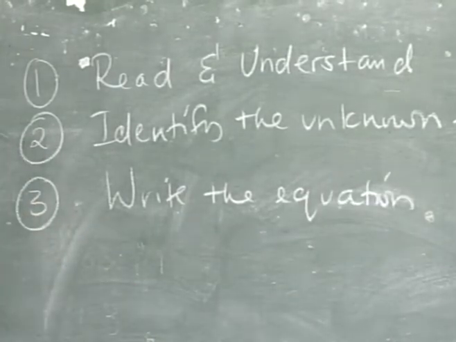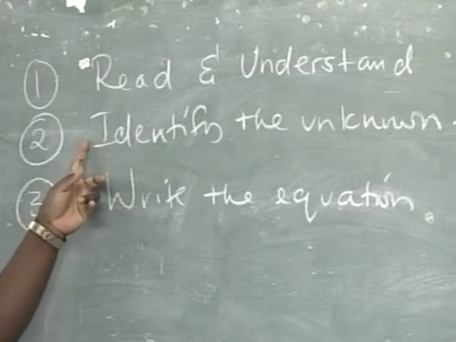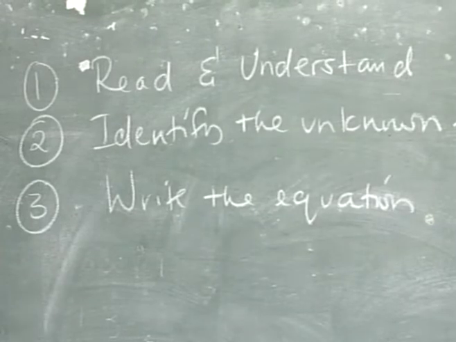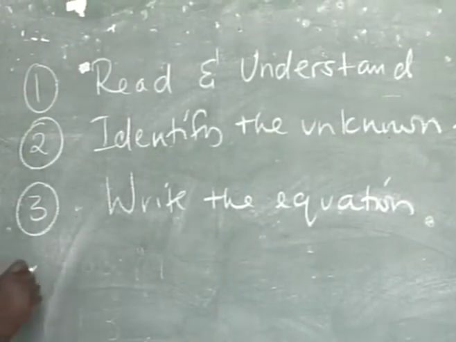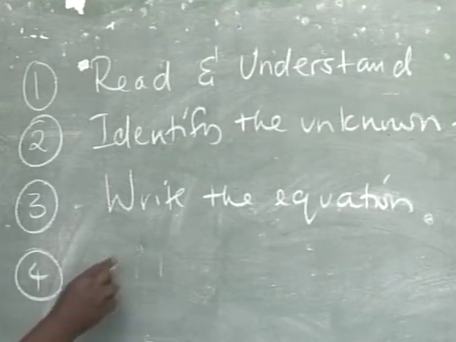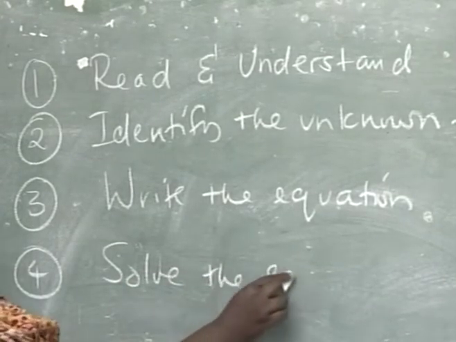Okay, note, to identify the unknown, I would like you to always come up with the first statement that says, let the unknown be X. Or let whatever it is that you're looking for be X or your favorite letter. You don't have to use X all the time. And number 4, you then have to solve the equation.